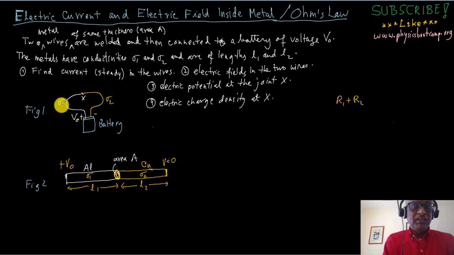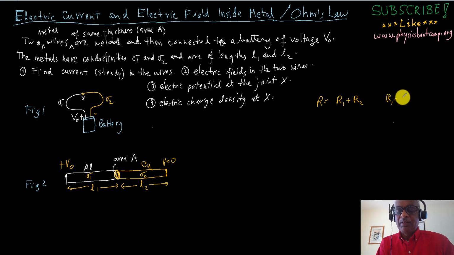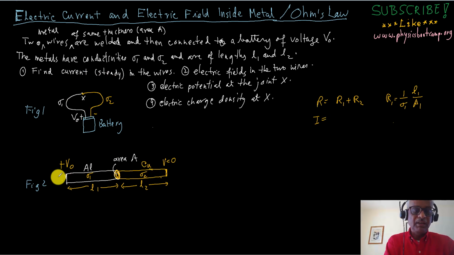They are in line, in series, so that's the net resistance, and each resistance is 1 over the conductivity of that wire times the length of the wire over the area of the wire. The same current is going to flow, and the voltage across the entire thing is V0. So delta V over resistance should be the answer, right?